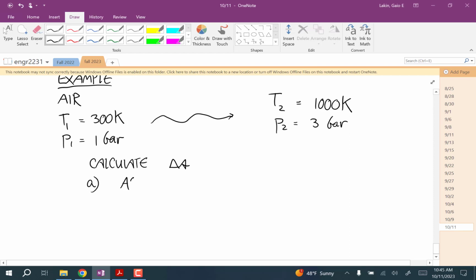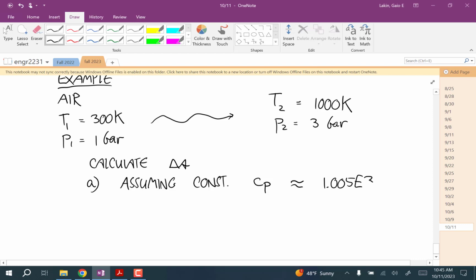First, assuming a constant value of C sub P, the one we want is the C sub P. And we're going to assume that that's about equal to 1.005 times 10 to the third.